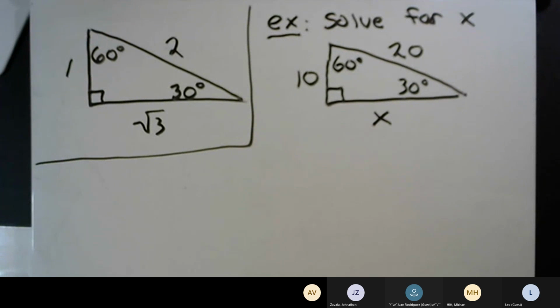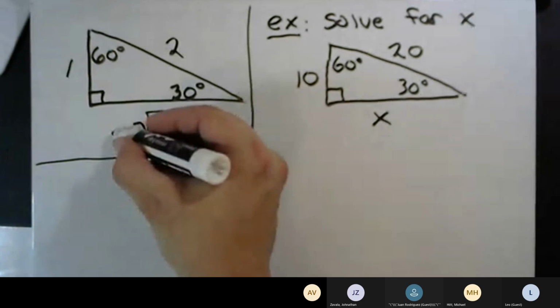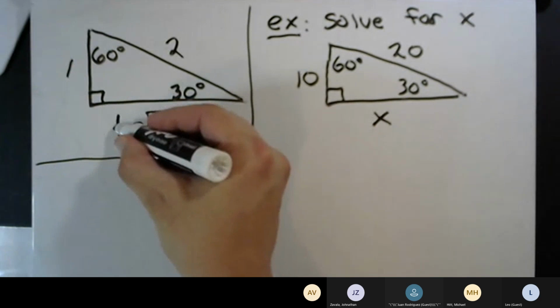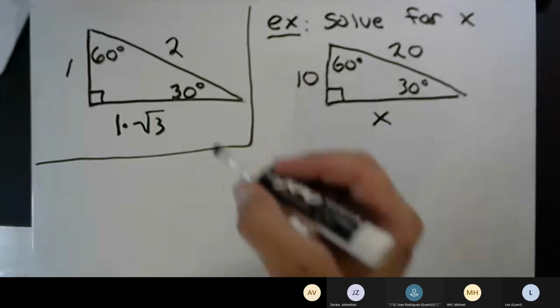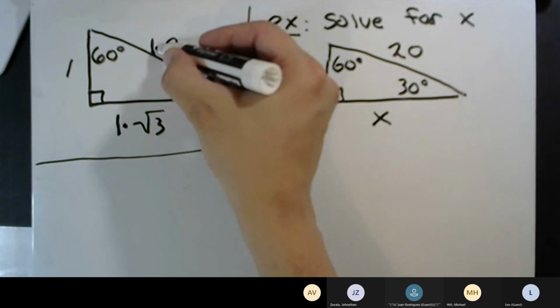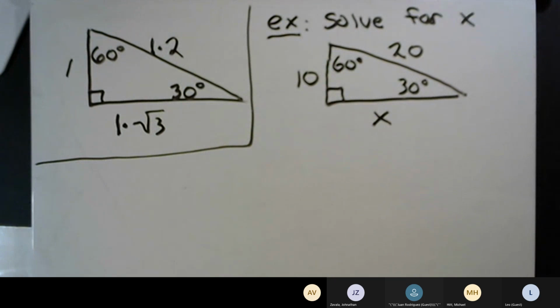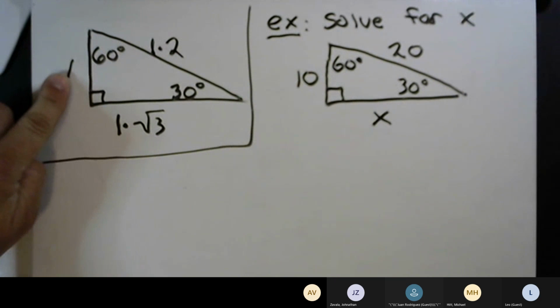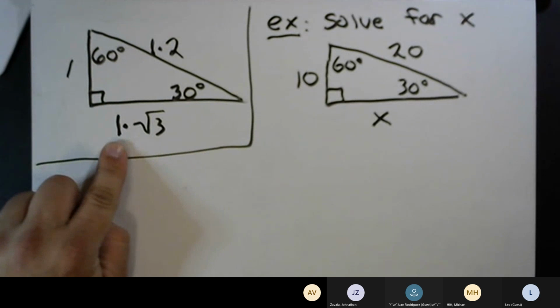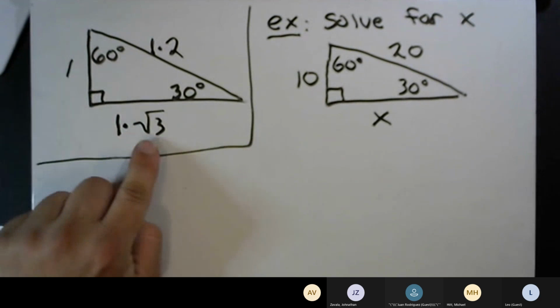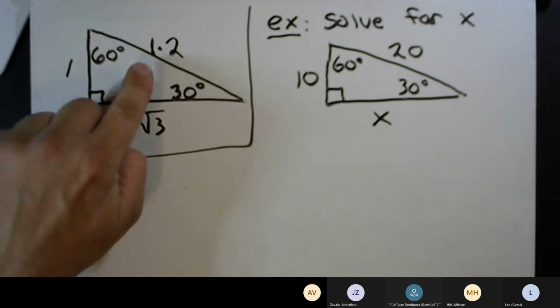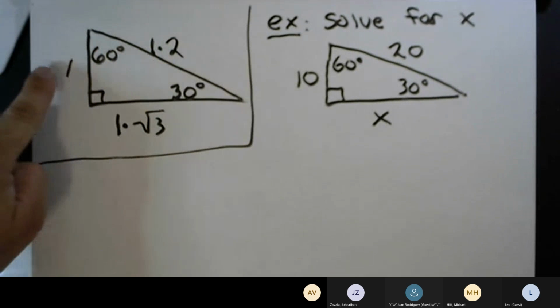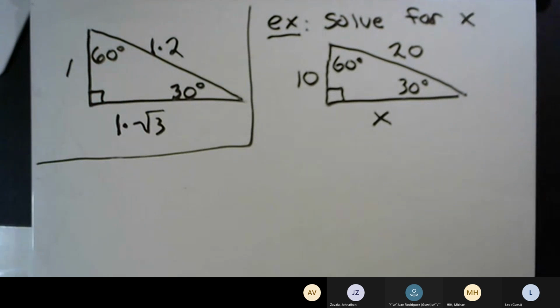Now, another way you can think of this, which will kind of help, is this as 1 times square root 3, and this is 1 times 2. So whatever this is, this side will be whatever this is times square root 3, and this side will be whatever this is times 2.